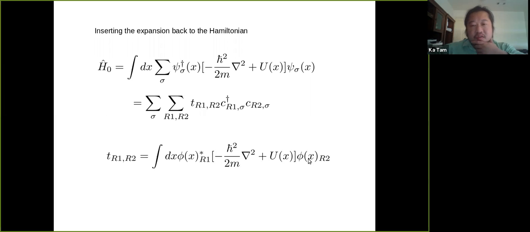We usually assume that this matrix element decays very quickly, and you can justify it somehow because those are Wannier orbitals, presumably very localized. So if R1 and R2 are very far apart, they tend to decay very quickly. And so in most cases, you just assume nearest neighbor or maybe next nearest neighbor in practice.